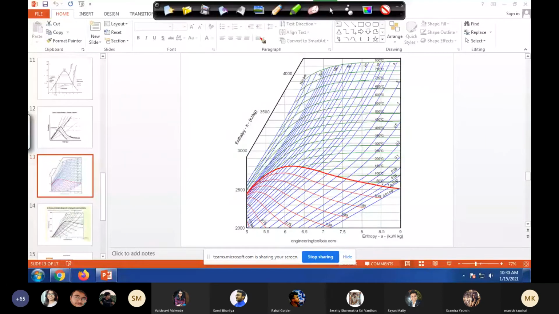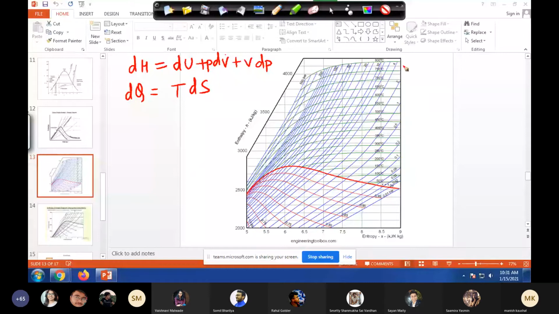Let me try. We have dH, which we can write as dU plus d of PV, that is PdV plus VdP, right? Then we can write dq as TdS. What is the first law?